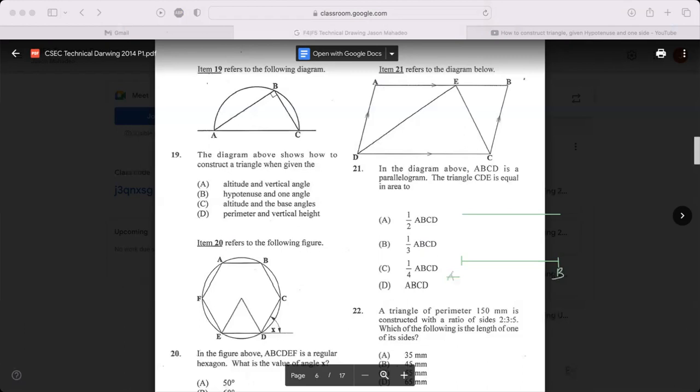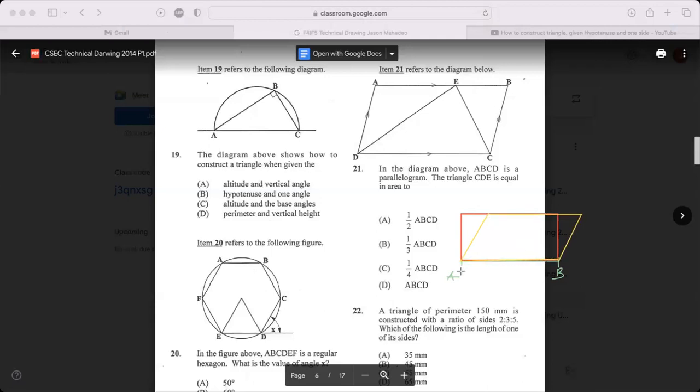When you have a rectangle within this, let me draw it. Let's say we have a rectangle with length AB and the height being whatever this height is. Now let's say I drew a parallelogram in it, in a different color.